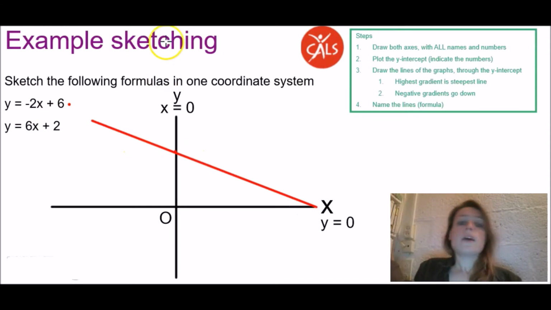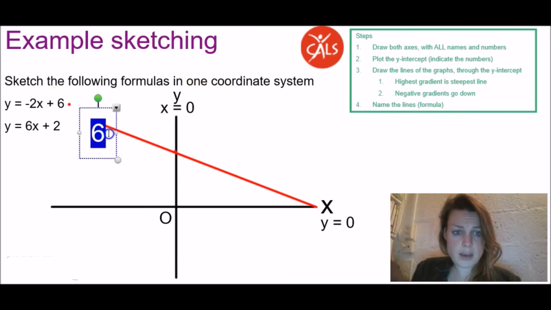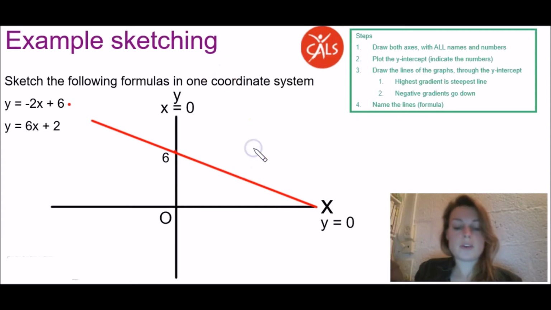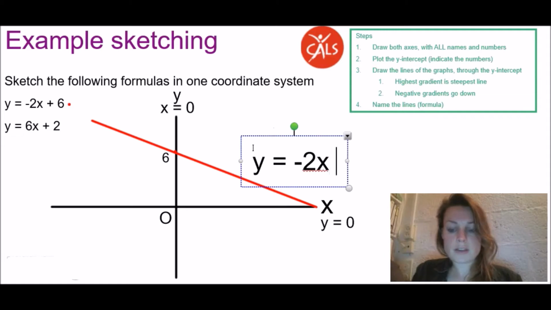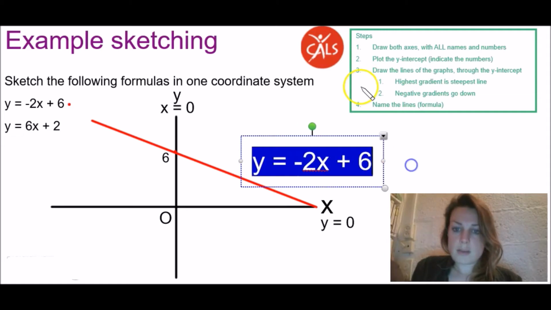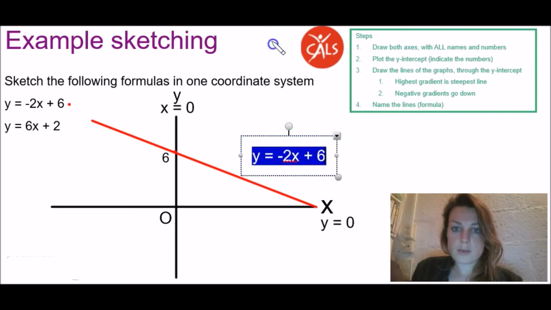Yes, alright. And what we have to do then is indicate the number of the y-intercept, which is 6 in this case. So I'm just going to make a quick 6 over here and put it next to this point, and I want to put the name of the formula next to the line. So y is minus 2x plus 6, and of course red because it's a red line.